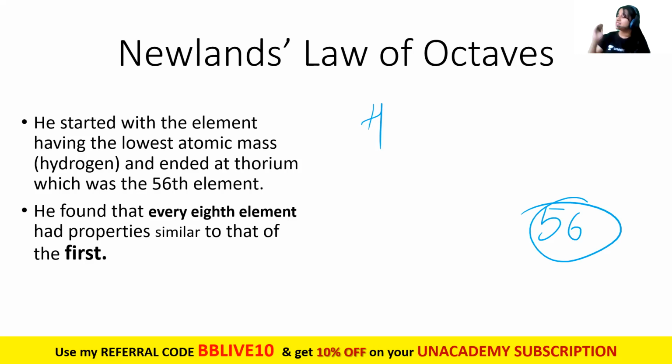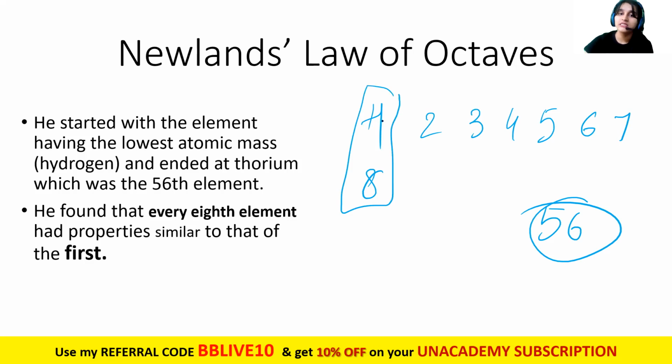When he was placing them in the table, he noticed that every 8th element, that's right, 1, 2, 3, 4, 5, 6, 7, and 8, every eighth element had properties similar to the first one. It is not necessary that this should be the one and this should be the eighth.